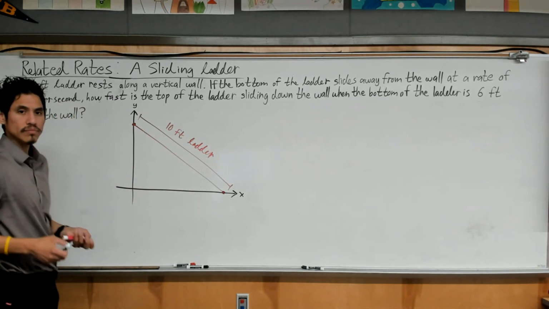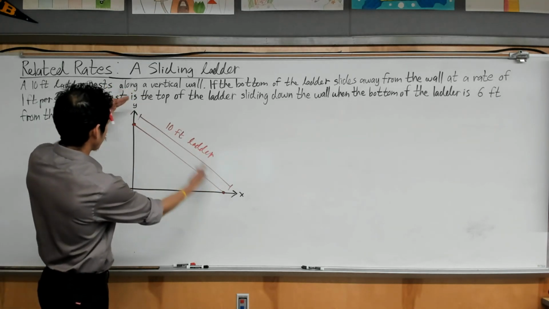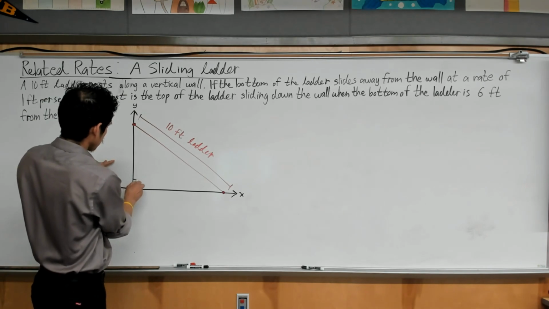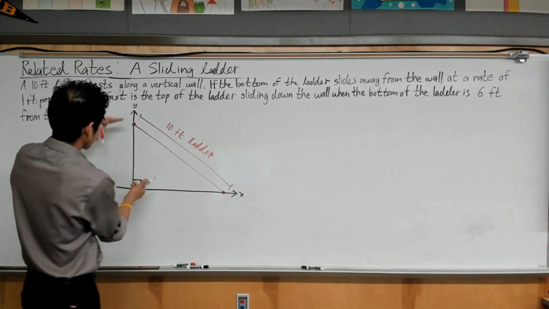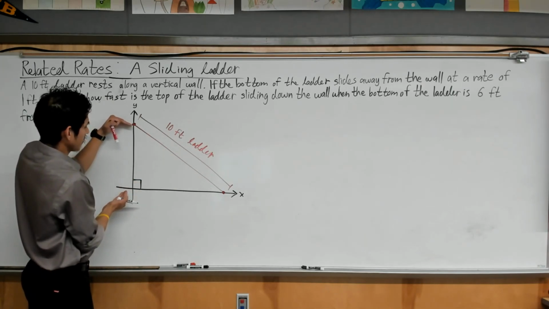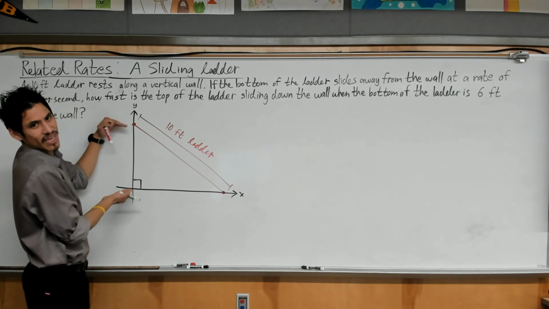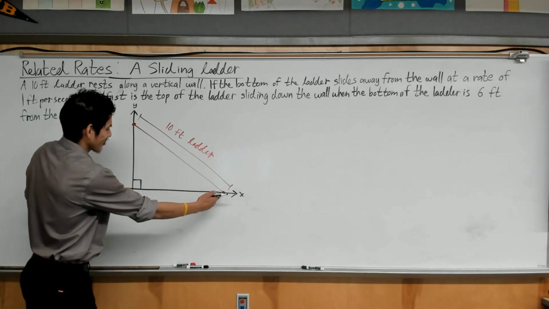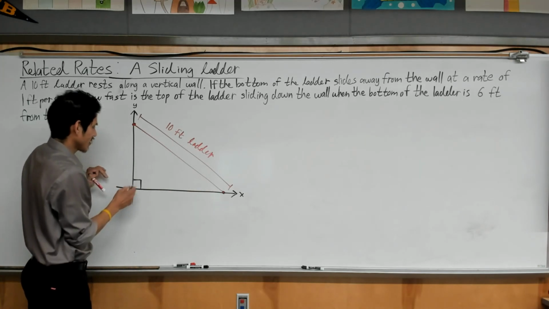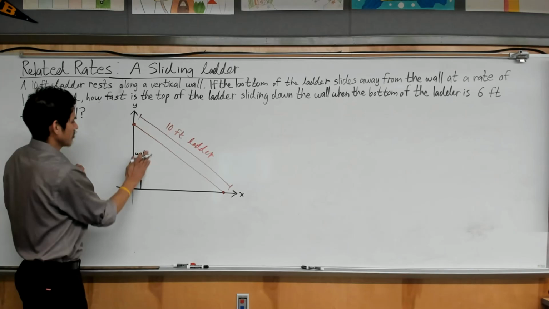Now, this ladder always stays 10 feet, and if it's on a vertical wall, that means it's going to have a right angle here. So you can look at the wall as the vertical side of a right triangle, and you can look at the floor as the distance from the wall.